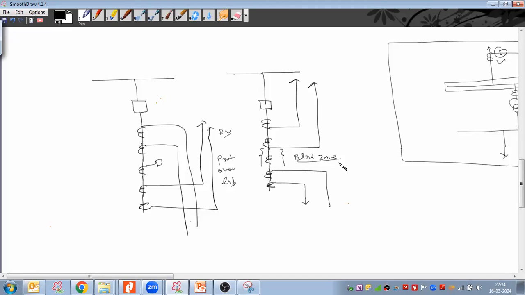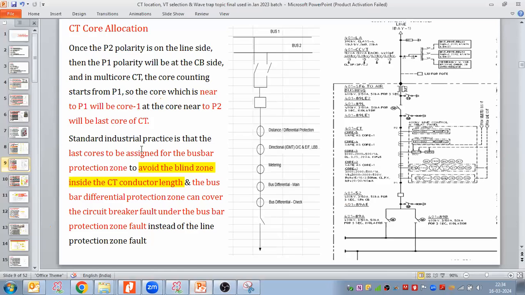It means the blind zone is avoided. Here there is no blind zone. Am I clear with this point? So the standard practice is that the last core is assigned for the bus bar protection zone to avoid the blind zone inside the CT conductor length.